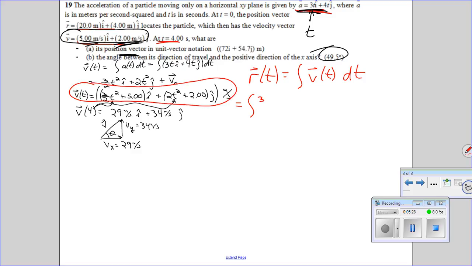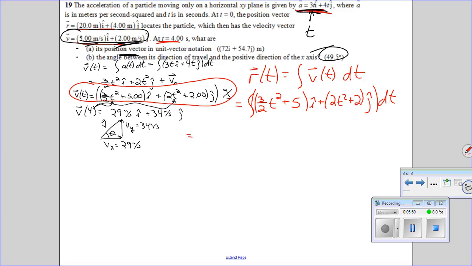So it's 3/2 t squared plus 5 in the i direction plus 2t squared plus 2 in the j direction, excuse me. All right, and then this is all with respect to time.